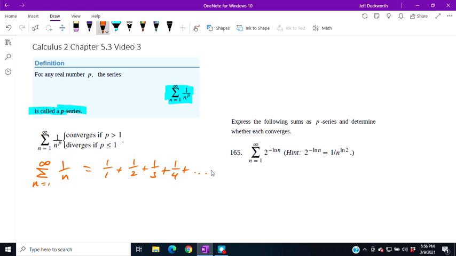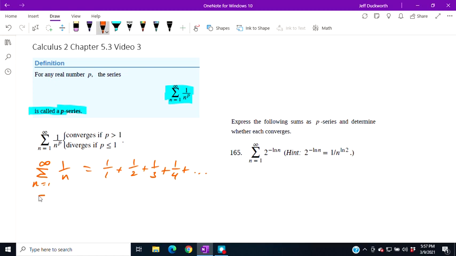All right, so it diverges, and it's actually on the cusp of diverging. It's right between where it diverges and where it converges. Here the denominator is not decreasing enough to have it converge.